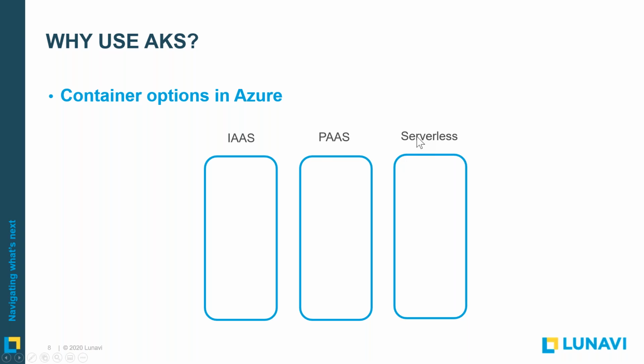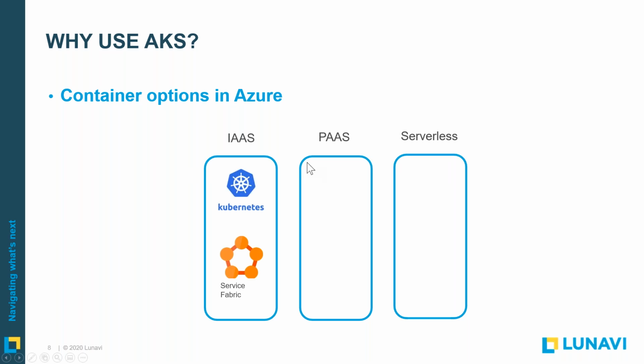Serverless is very similar to PaaS, except in this case, you're just saying, here's some code to run, and you're leaving it up to the serverless architecture to decide on the compute. And you're basically just paying for the compute cycles that you use. You get kind of a micro billing perspective there. So those are kind of the full spectrum.